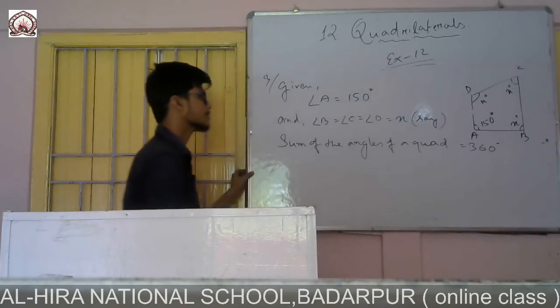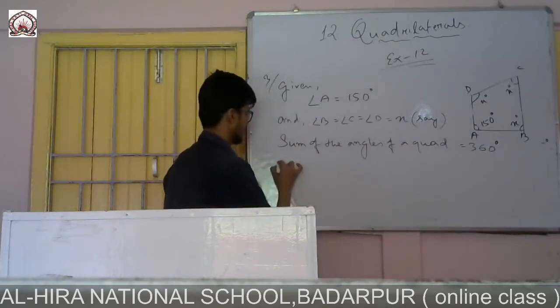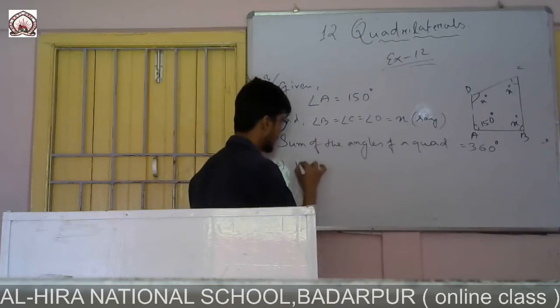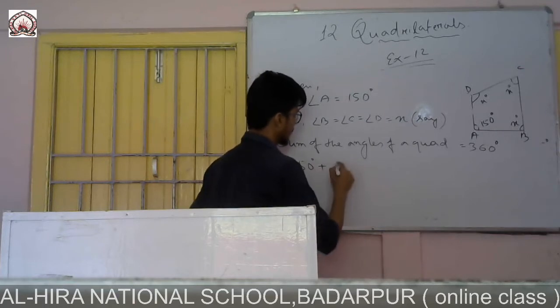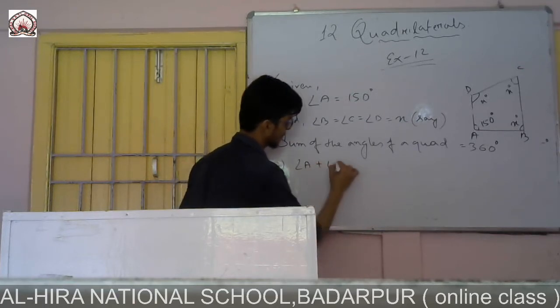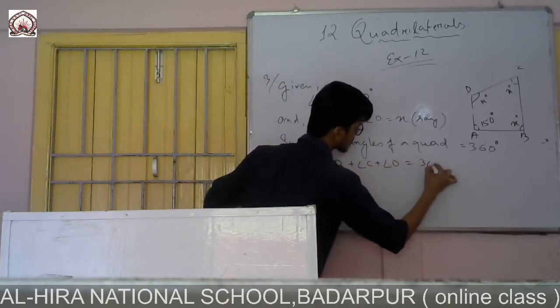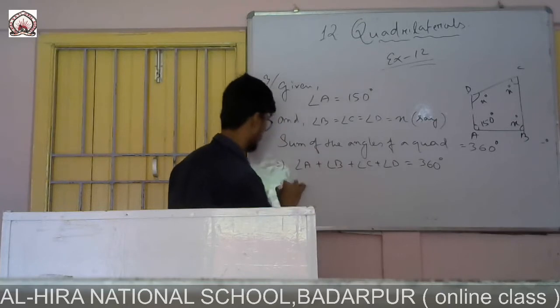Sum of the angles of a quadrilateral is equal to 360 degrees. So you write angle A plus angle B plus angle C plus angle D equals 360 degrees.